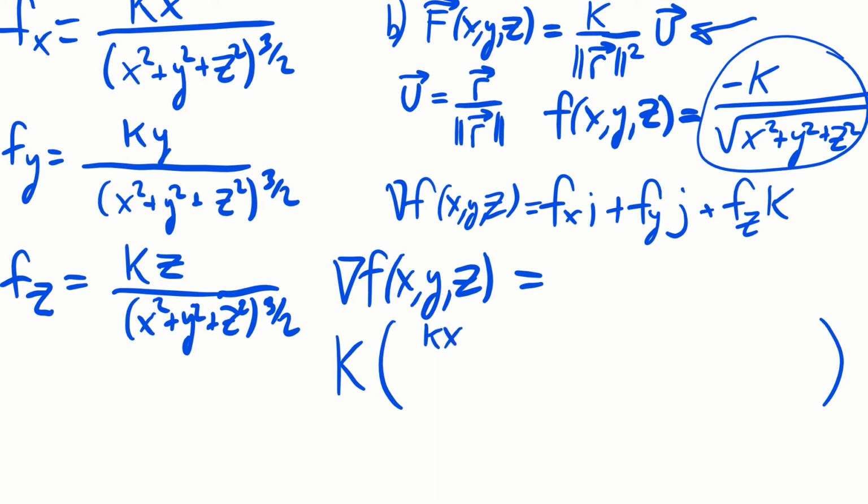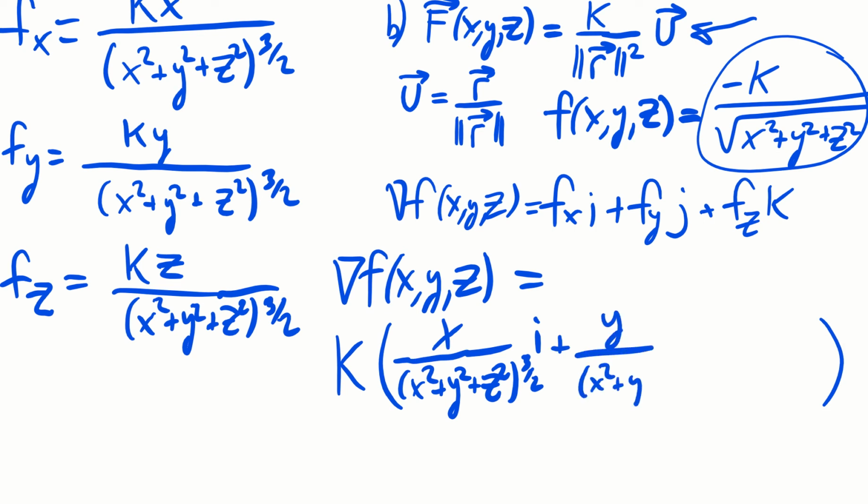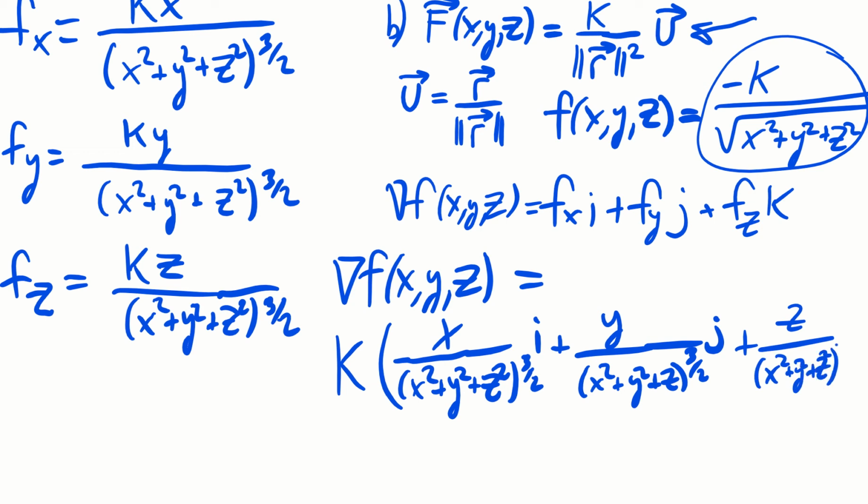We would have kx all over x squared plus y squared plus z squared to the 3/2 i, plus y over x squared plus y squared plus z squared to the 3/2 j, and then plus z over x squared plus y squared plus z squared to the 3/2 times k.